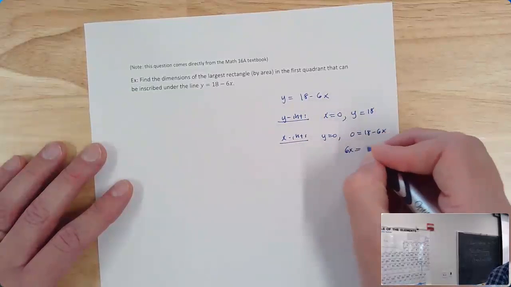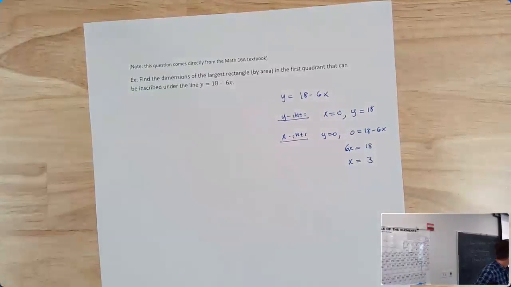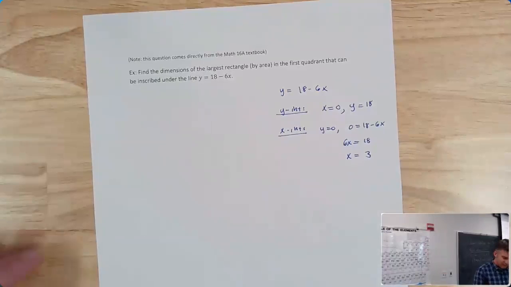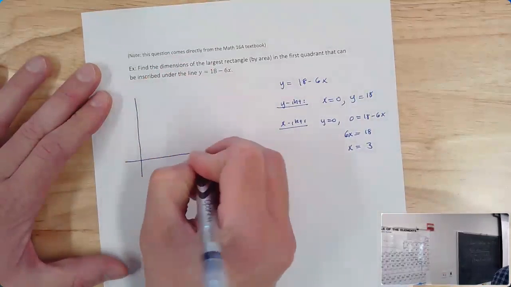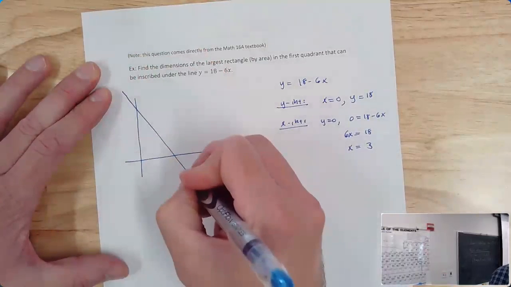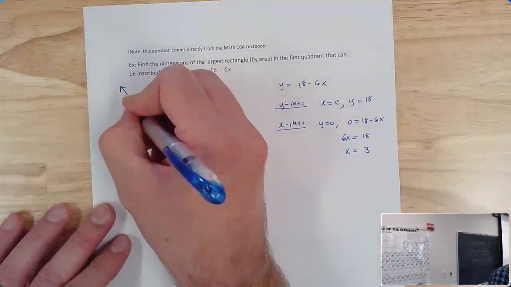If 6x equals 18, then x equals 18 divided by 6, which is 3. So those are the intercepts of my line. Draw it the best I can. Something like this. Notice I drew the line before I labeled my intercepts. I highly recommend doing it that way because then you don't miss.